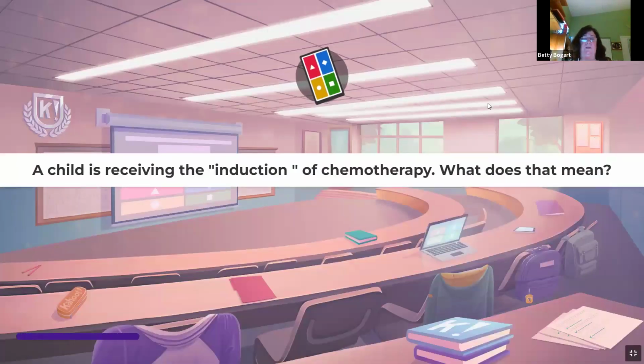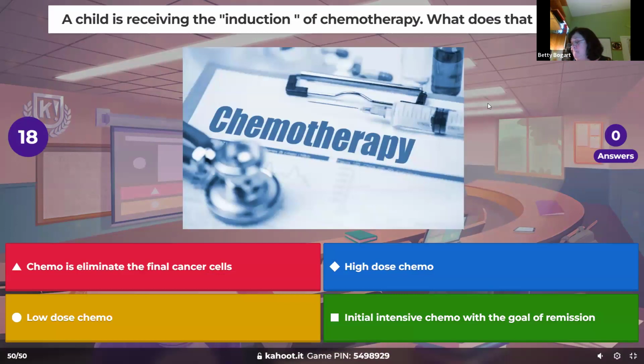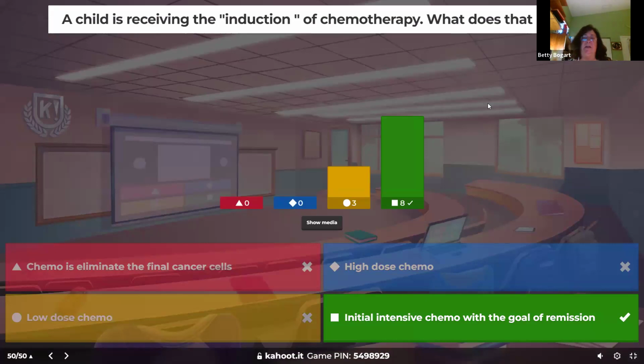And last question. A child's receiving the induction of chemotherapy. What does that mean? So the induction is just intense.